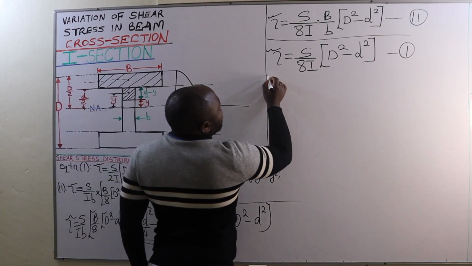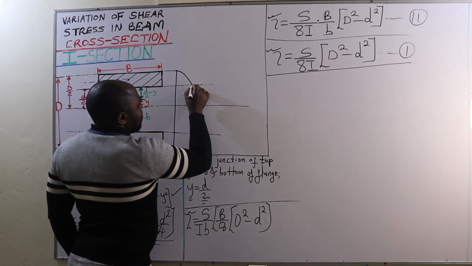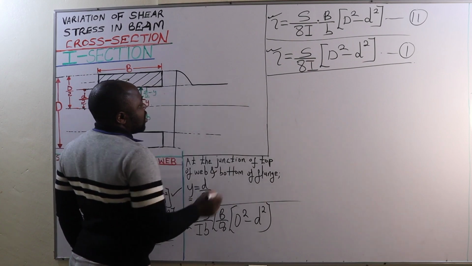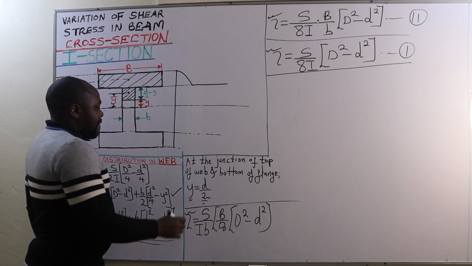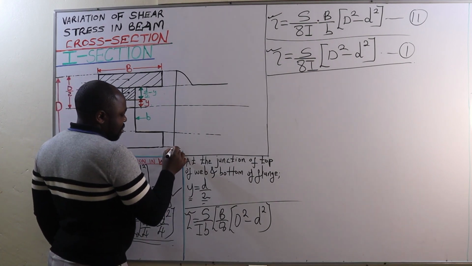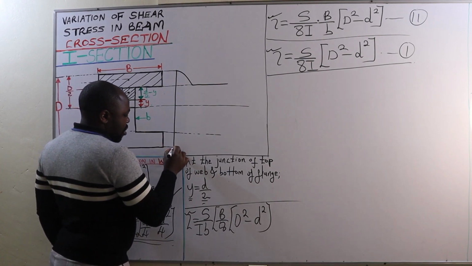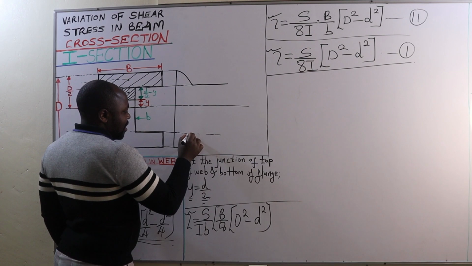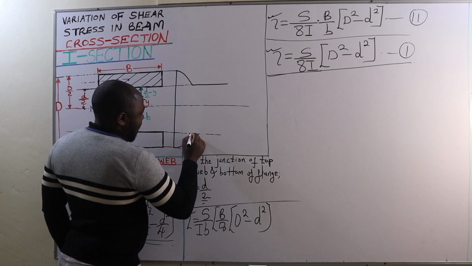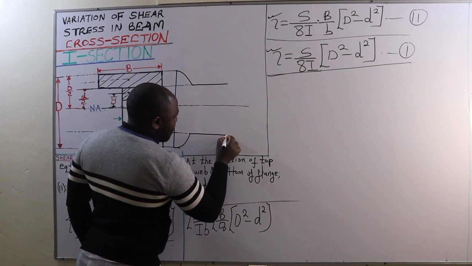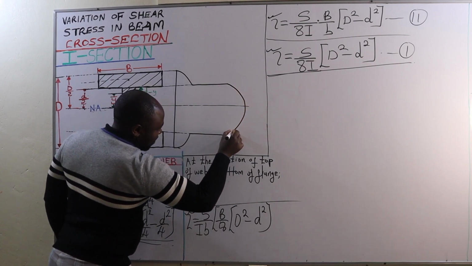Now, when we derived the equation, we found that the shear stress at the top edge of the flange is 0. The shear stress at the junction between the bottom of the flange and the top of the web will be given by the first equation. And then we are going to have an abrupt change in shear stress. The same case for the lower flange. We have 0 shear stress at the bottom of the lower flange, and then the shear stress increases up to that, and then it changes abruptly, and then we have a curve that looks like that.